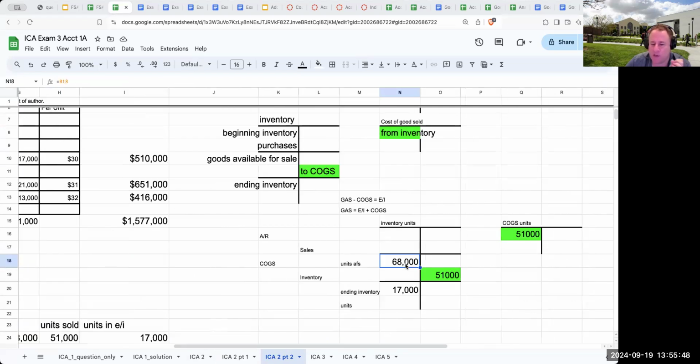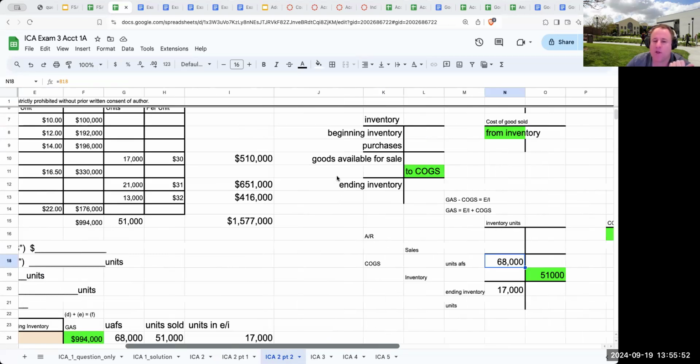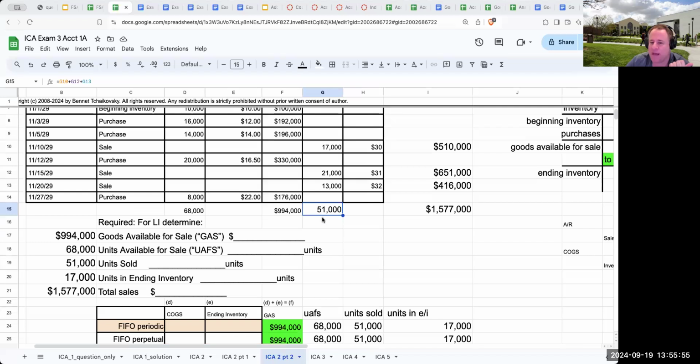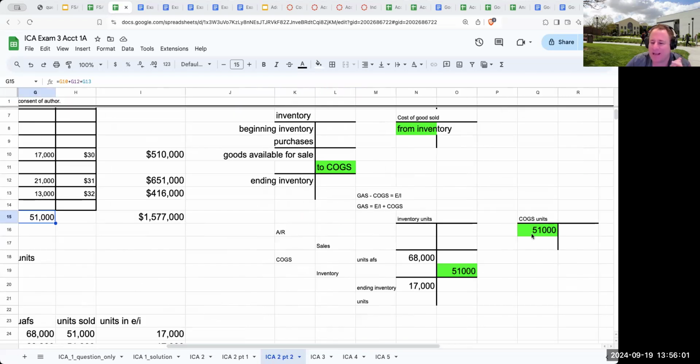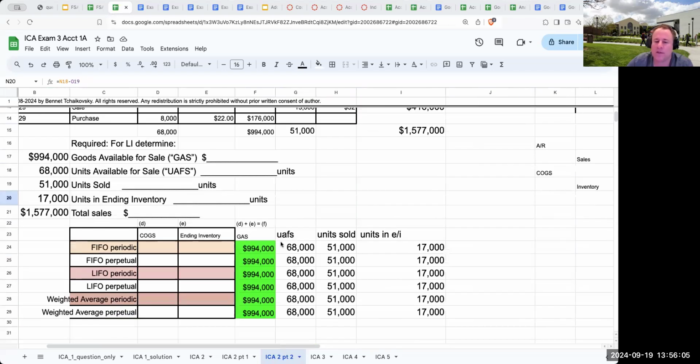In every single one of these questions, my units available for sale are going to be 68,000. I sold 51,000 units, which is also always the same. Lastly, my units in ending inventory will always be 17,000. These are the same for every one of these questions.